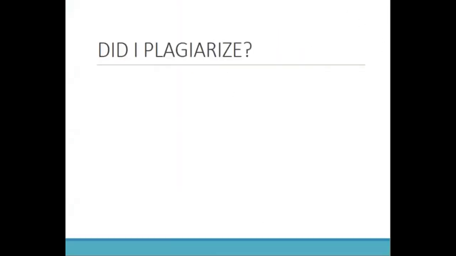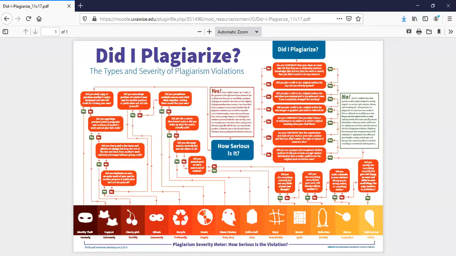Okay, so I've got a really great example here. This is also on Moodle, but this is a pretty complicated PDF, but I encourage you to go through it on Moodle and walk through. There's a lot of different types of plagiarism.